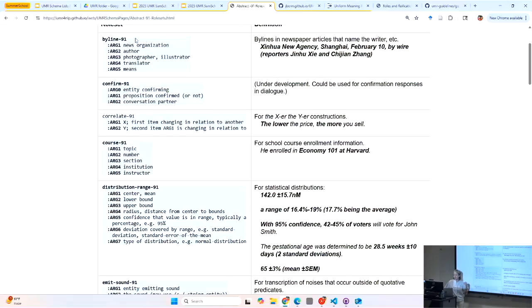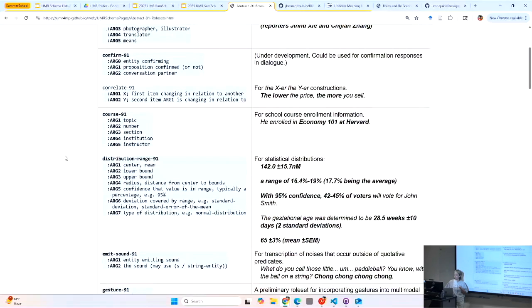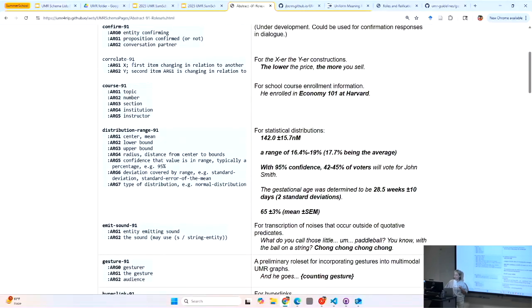For example, if you're annotating a newspaper document and it has a line at the top that says who the news organization is and who the author is, it gives you a nice way to annotate it. That is a nice construction rule set. We need more construction rule sets. This one is fun because the X or the wire construction actually appears quite often cross-linguistically.